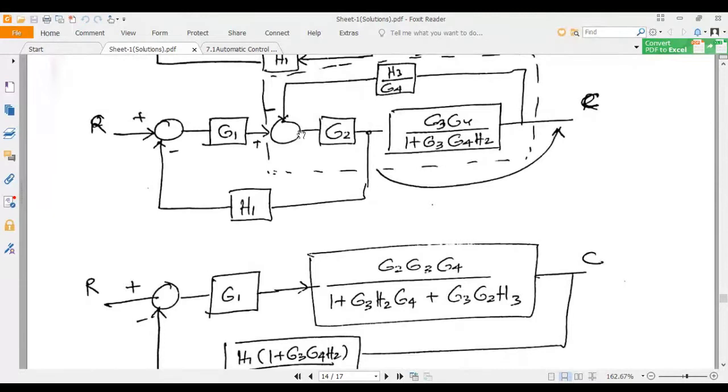Now there is a feedback path here also. If you forward this feedback gain H1 here, you can see these two will be in series, so G2 will be just multiplied by this.